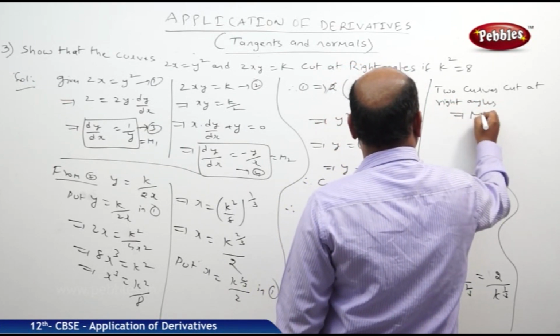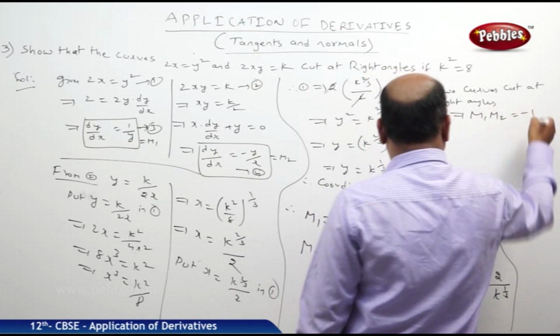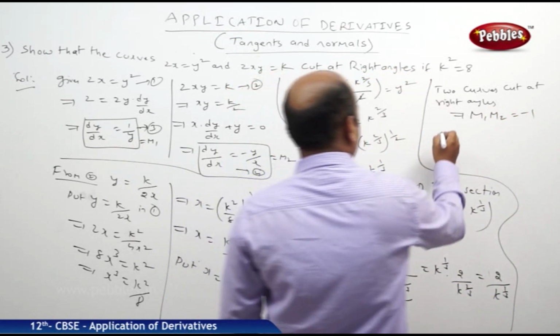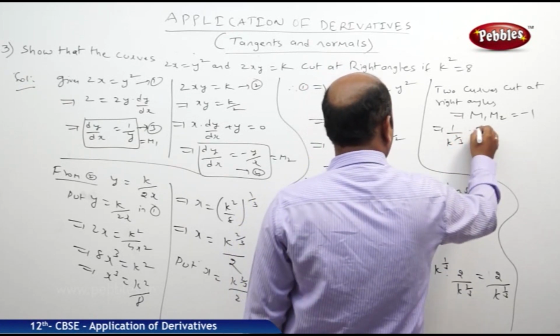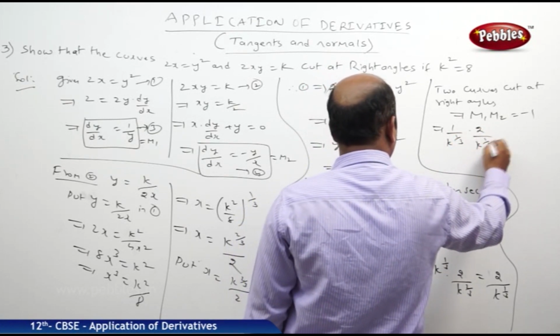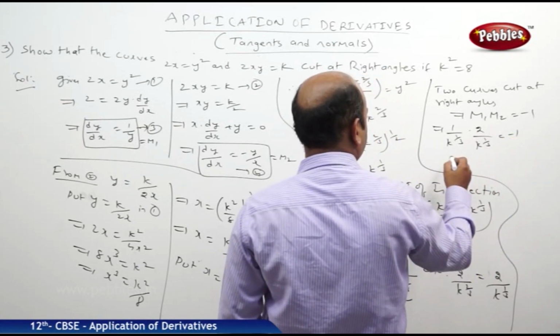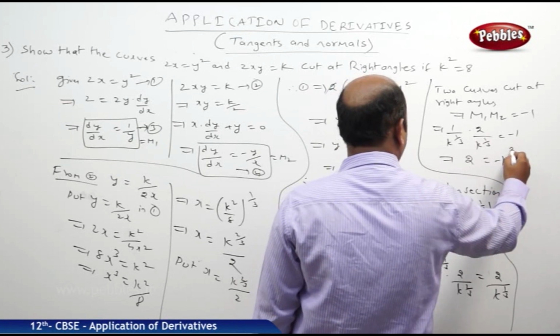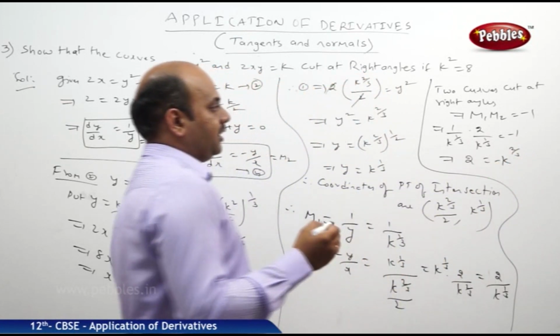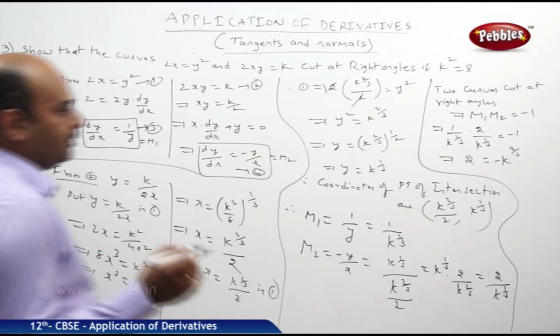That implies I can tell m1 m2 is equal to minus 1. So, m1 means 1 by k power 1 by 3 into minus 2 upon k power 1 by 3 is equal to minus 1. That means 2 is equal to k power 2 by 3, because 1 by 3 plus 1 by 3 will be 2 by 3.